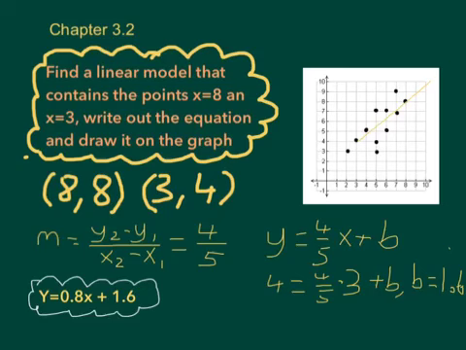So something like that. Try to draw it as straight as possible. You can see that obviously it doesn't go through all the dots, but it does go through 2 of them, and it gets quite close to all the others. Okay, that's how we do this question.